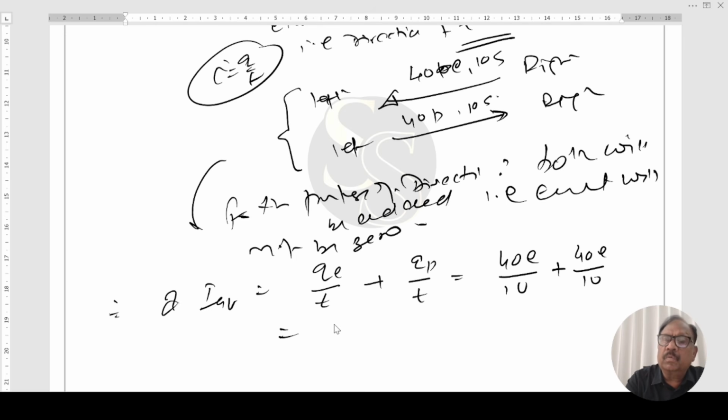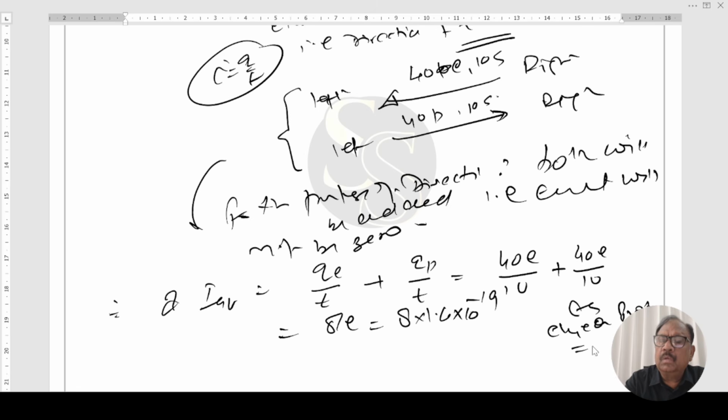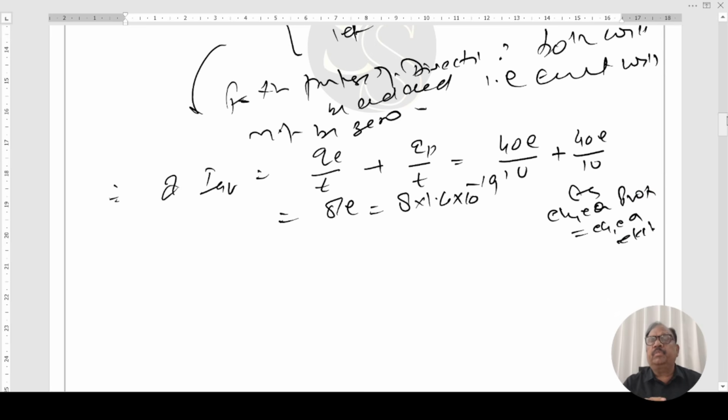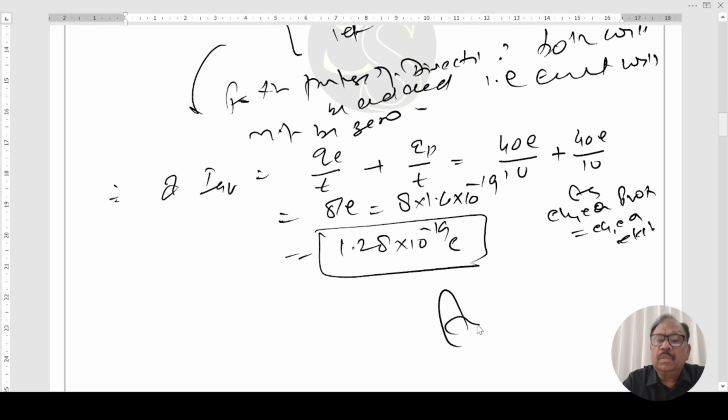On simplification it comes out to be 80 e, which means 8 into 1.6 into 10 to the power minus 19, as the charge on a proton equals the charge of an electron, same but opposite in nature. One is negative, one is positive. Charge on electron is negative, charge on proton is positive. On simplification, this comes out to be 1.28 into 10 to the power minus 19 Coulomb. This is the answer.